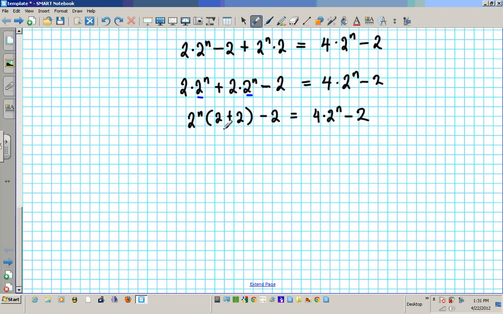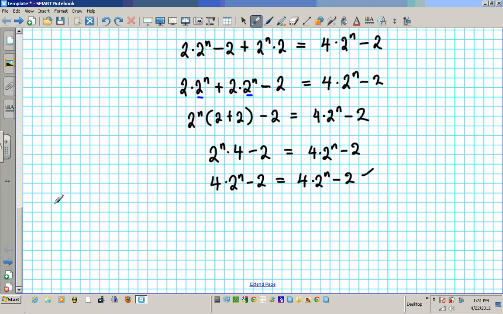What is 2 plus 2? 2 plus 2 is 4, so I'm going to have 2 to the n times 4 minus 2 equals 4 times 2 to the n minus 2. Using the commutative property of equality, I can switch this around. This is basically the same thing as 4 times 2 to the n minus 2 equals 4 times 2 to the n minus 2, which shows that it's true.